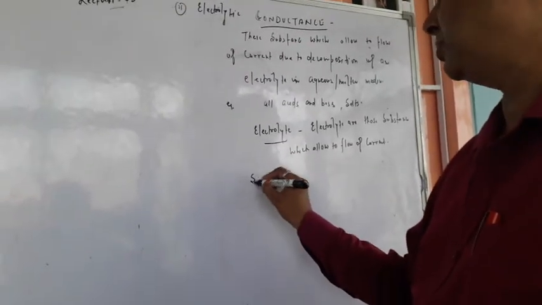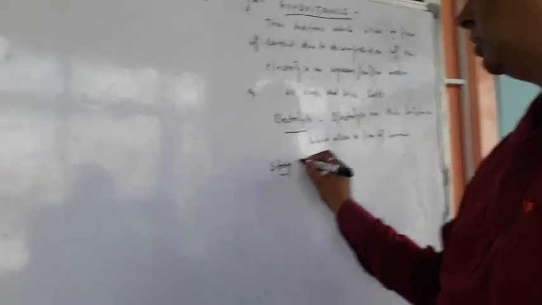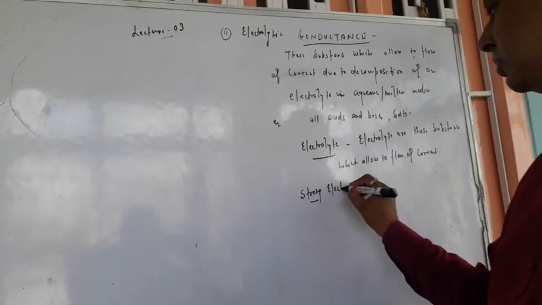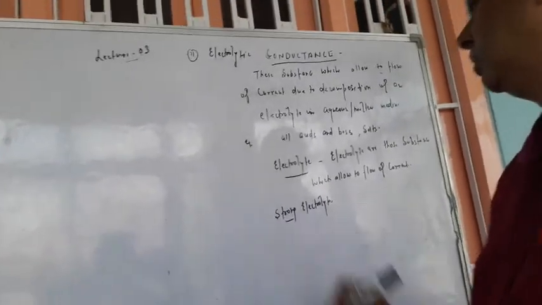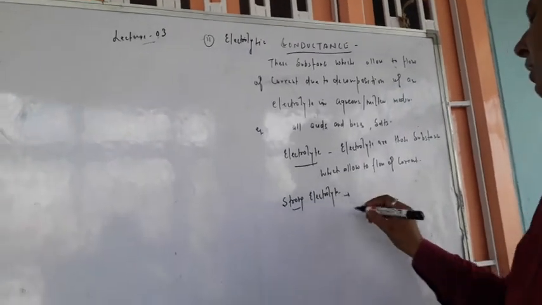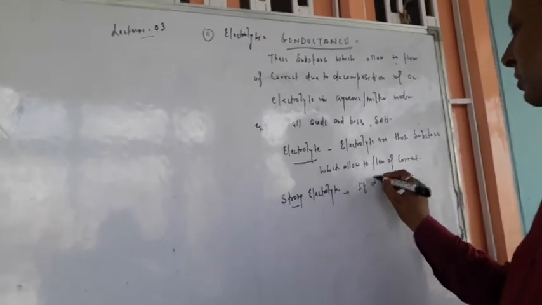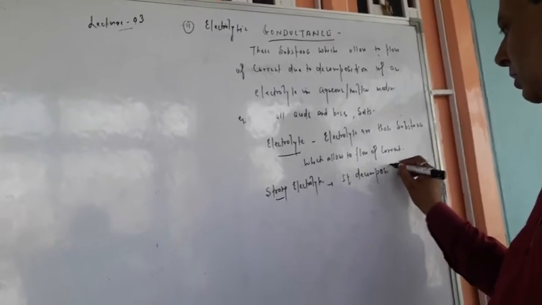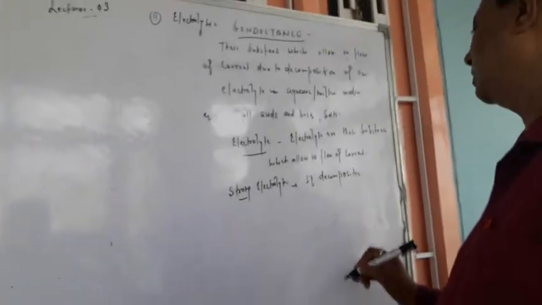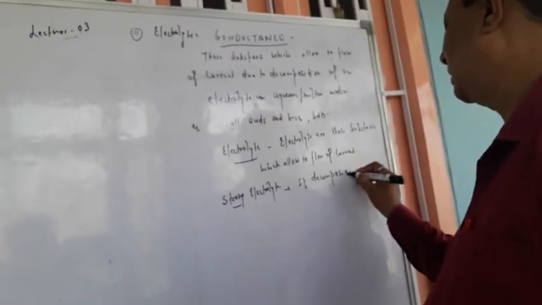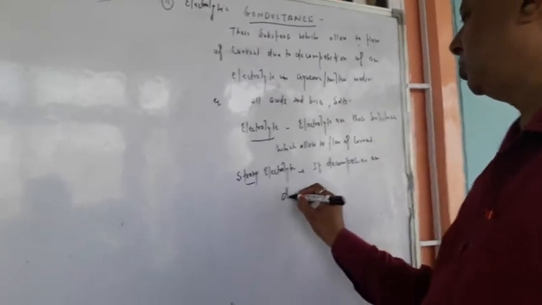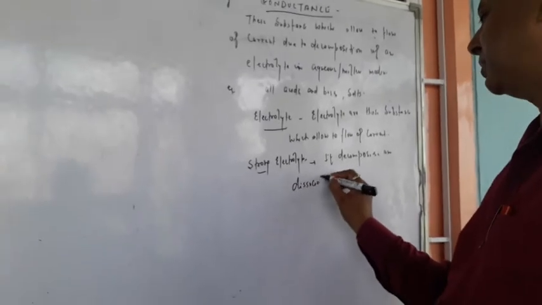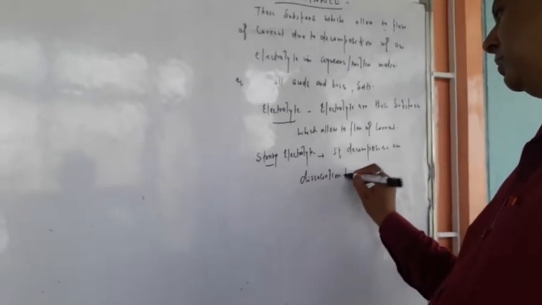These are of two types. A strong electrolyte decomposes, that is dissociation takes place easily.